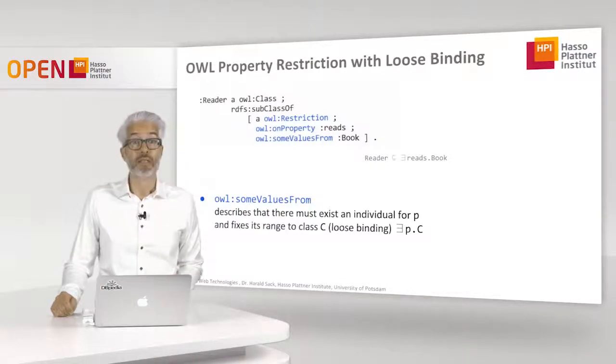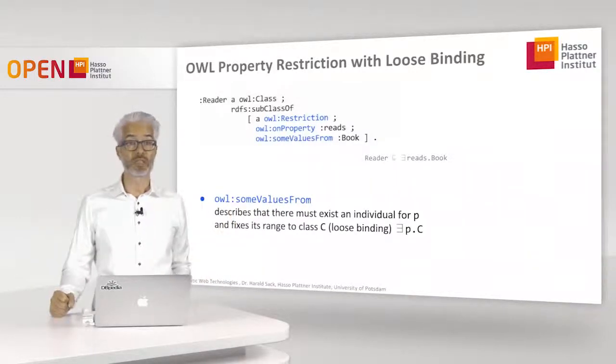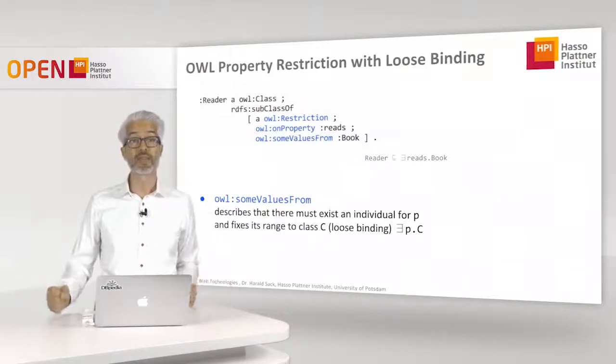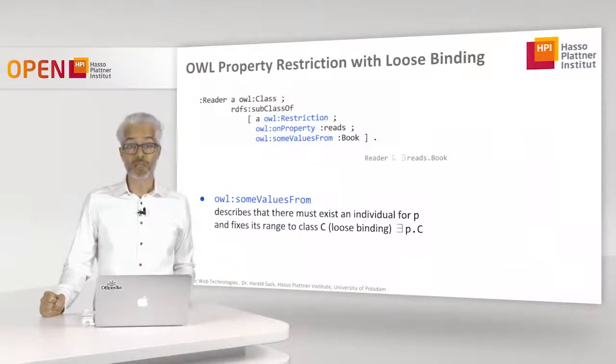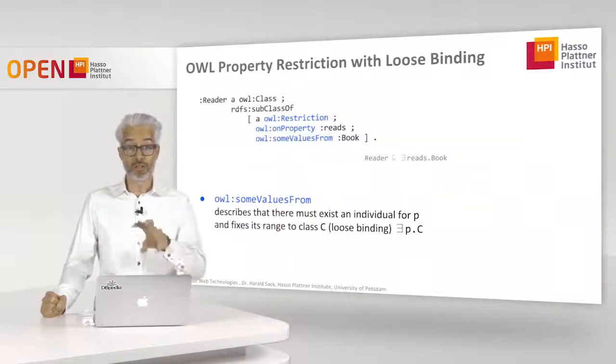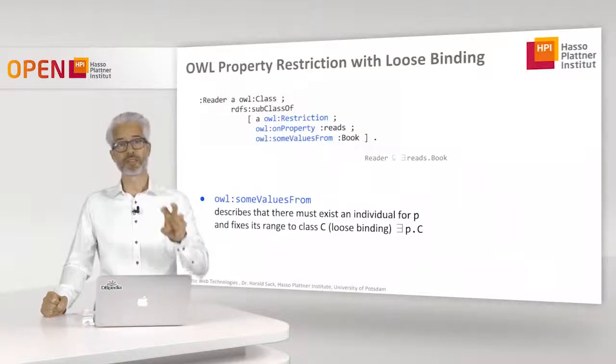Again, look at the definition for OWL. First we define reader as being an OWL class, and we say this OWL class is a subclass of a complex expression, which again here is expressed with the help of a blank node. So we have again square braces surrounding the restriction, and we define now in the square braces our restriction on this class definition, and we say this is an OWL restriction on a specific property.